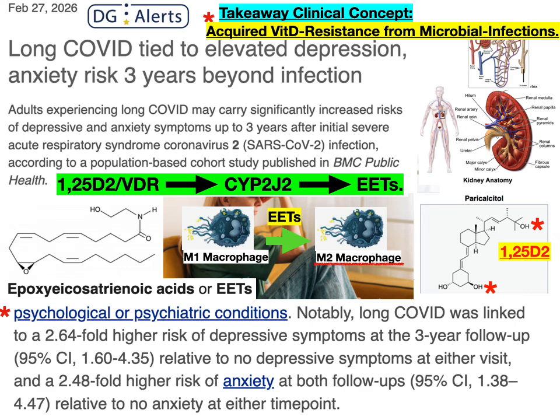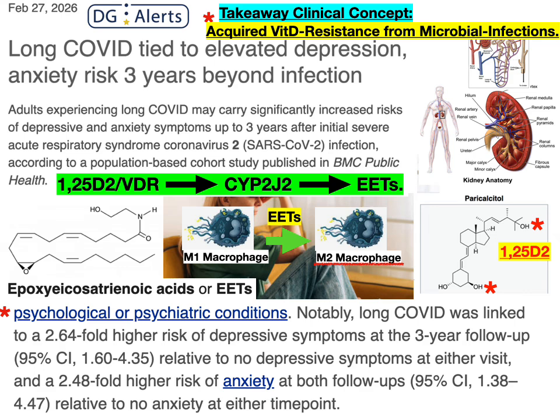The lipids that are produced by the epoxygenation of arachidonic acid are known as EETs. EETs are very important in resolving inflammatory states by shifting macrophages from their M1 pro-inflammatory phenotypes to M2 anti-inflammatory phenotypes.